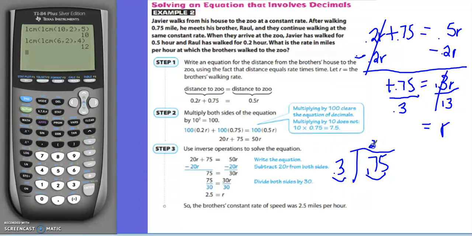It's going to go in here 2 times. It's going to go in here 5 times. So we have 2.5 or 2 5/10 miles per hour. Alright, flip it to the back side.